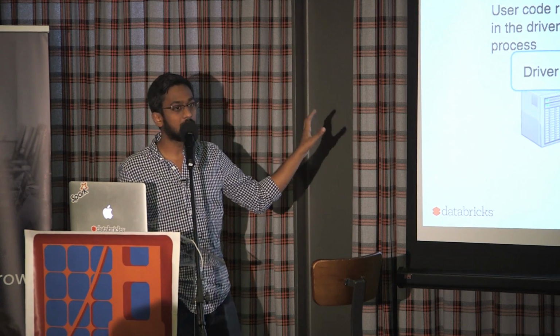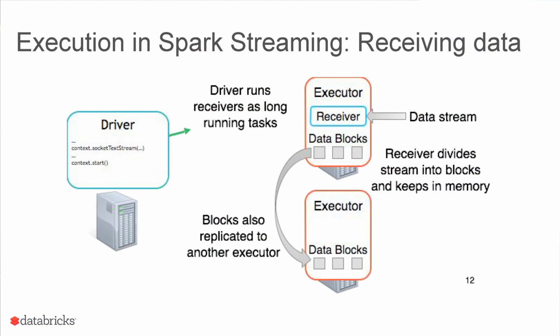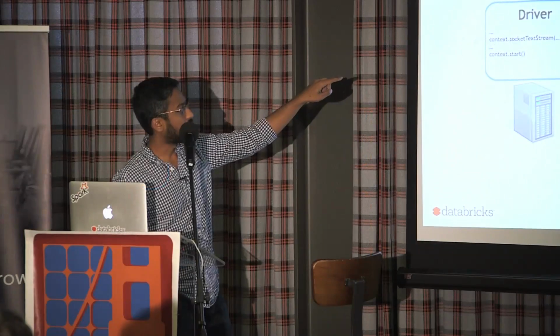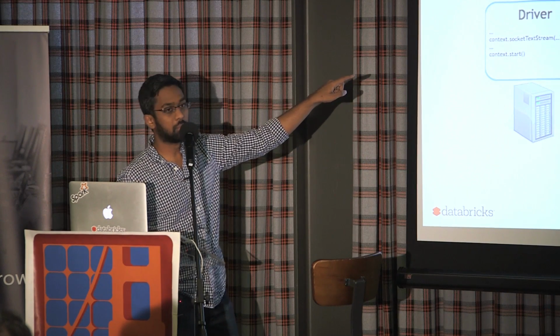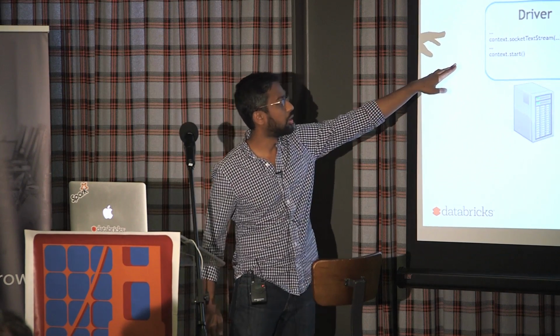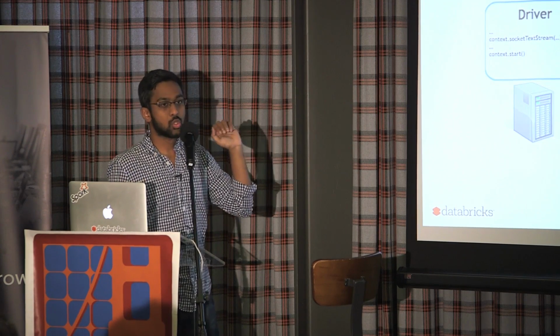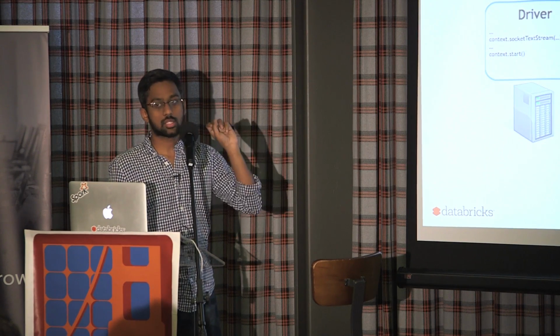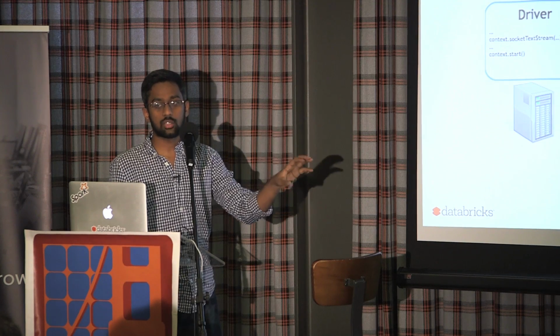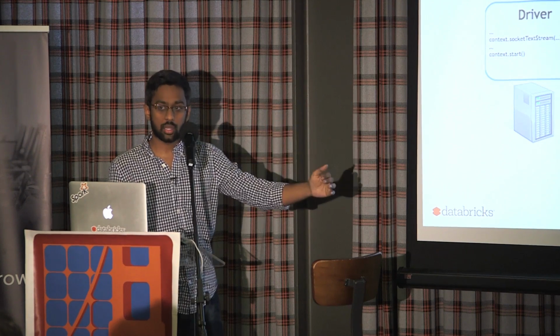This is slightly different for a streaming application. For a streaming application, the driver code starts execution on the driver, and as soon as there is a line for a receiver, Spark chooses one of the executors and starts running a long-running thread on one of the cores in that executor.